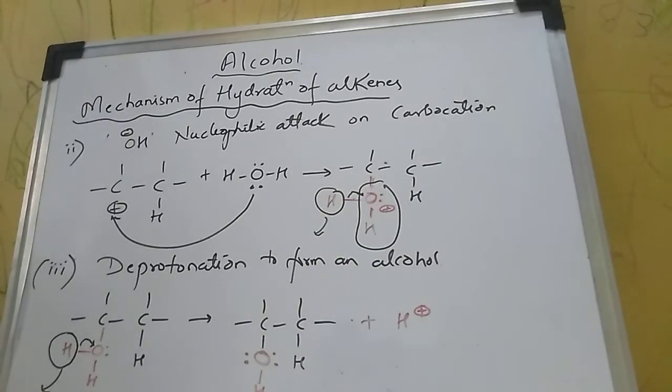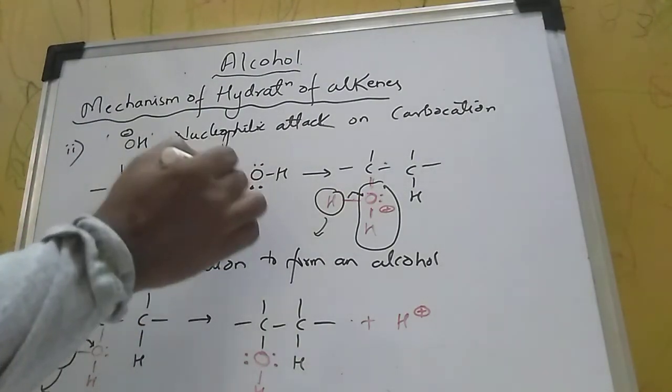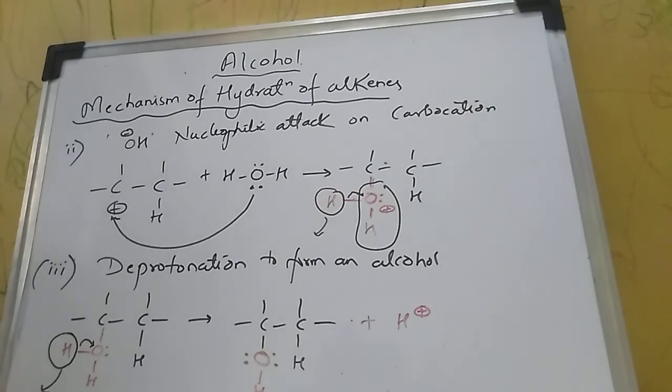Deprotonation to form an alcohol. So these are the 3 steps included in the mechanism of hydration of alkenes. So the first step was what? Electrophilic attack of the hydronium ion on alkene. Second, the nucleophilic attack of OH minus on the carbocation. And the last is deprotonation, that is removal of this H to form an alcohol.